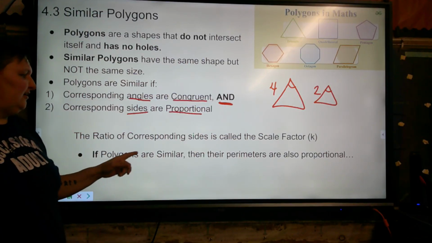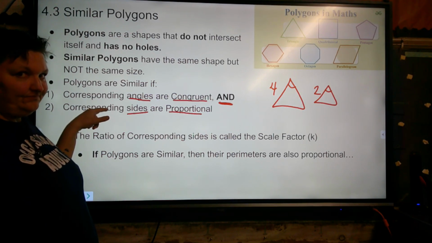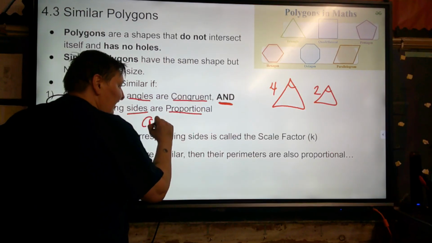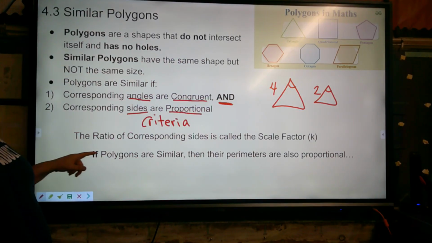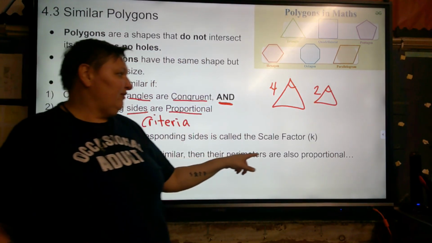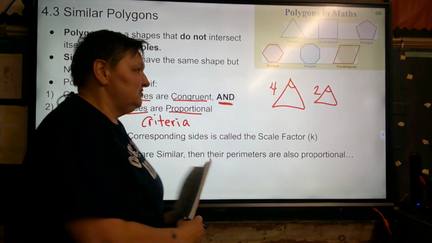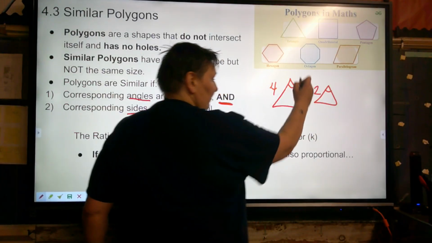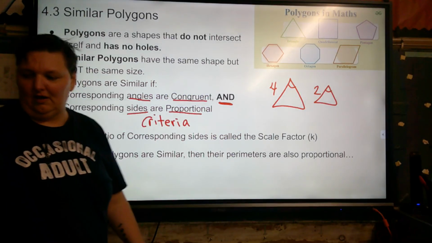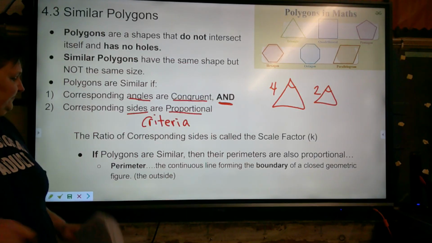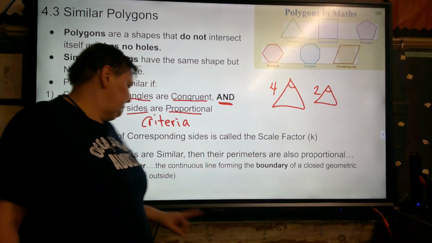If polygons are similar, meaning it meets both of these criteria, then their perimeters are also proportional. So what's perimeter? Okay, I'll put it up just in case. Perimeter: the continuous line forming the boundary of a closed geometric figure.